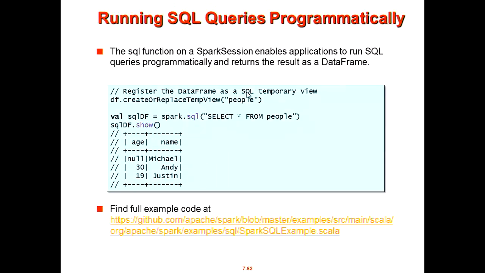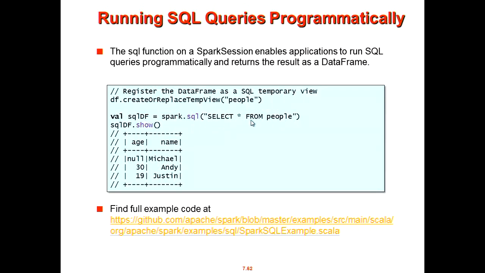And you can also run SQL queries by using data frame. So we create a SQL data frame, or Spark SQL, and we can use this to wrap a SQL statement, such as select star from people. So everything will be selected in the table. Now, we do this, and the result will be stored in this SQL data frame.